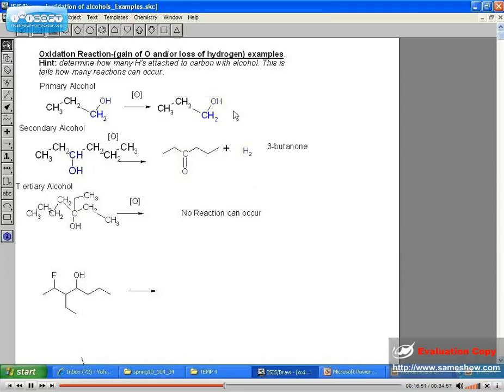So I'm going to go ahead and add in a double bond. The minute I do, notice how two hydrogens had to be removed. And consequently, it's going to form a hydrogen gas molecule.